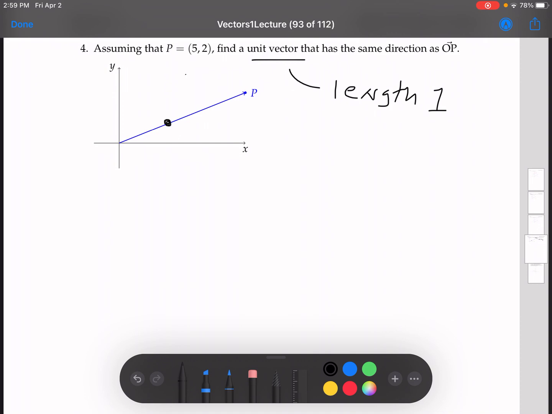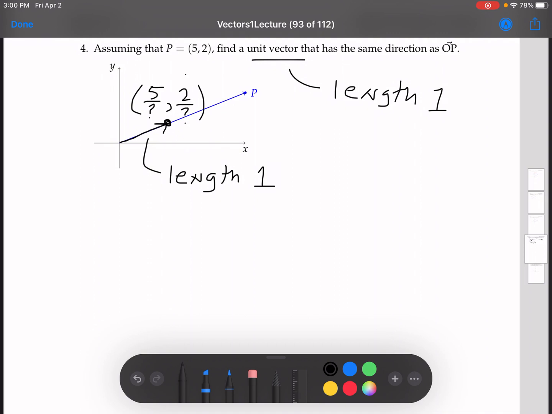And so the idea, let's say this vector has length 1. And so what we need is 5 over what? 2 over what?